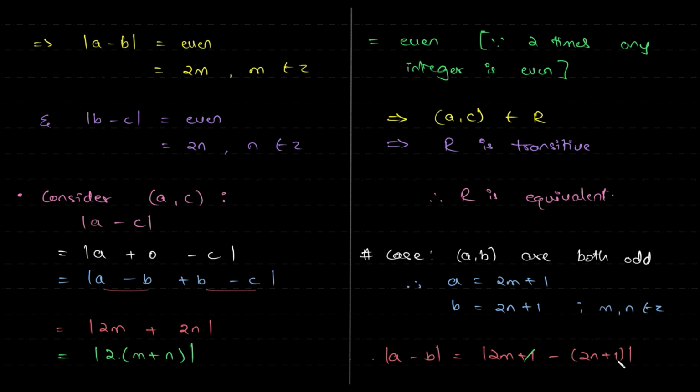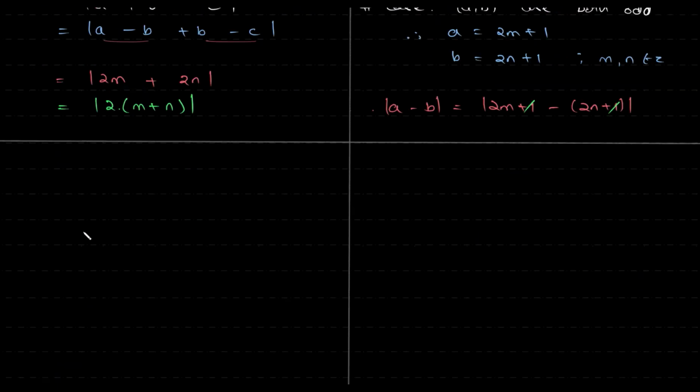So plus 1 and minus 1 get cancelled and we have modulus of 2m minus 2n, and this is nothing but 2 times (m minus n). And this is nothing but an even number.